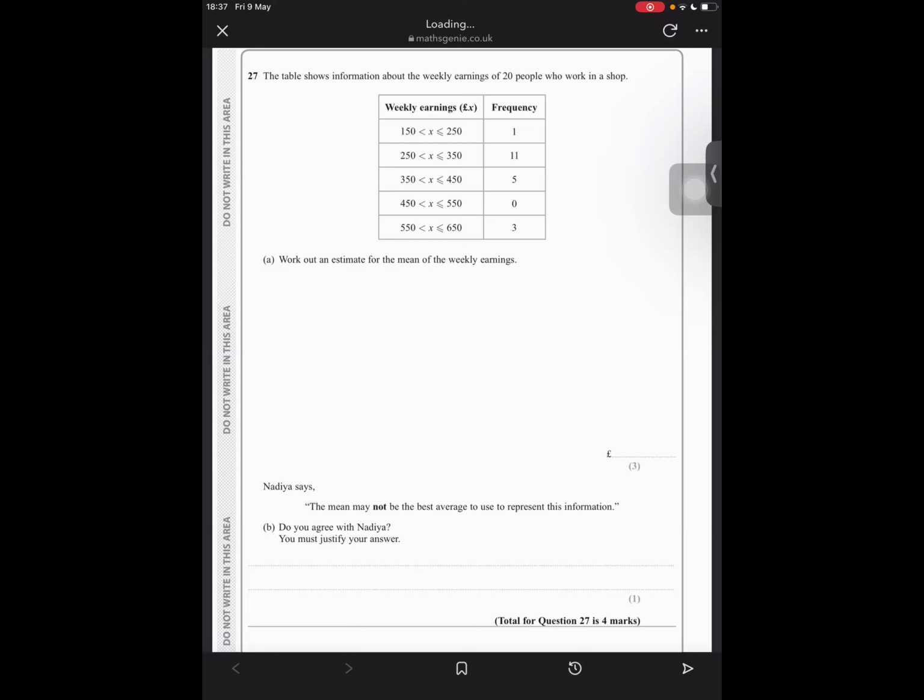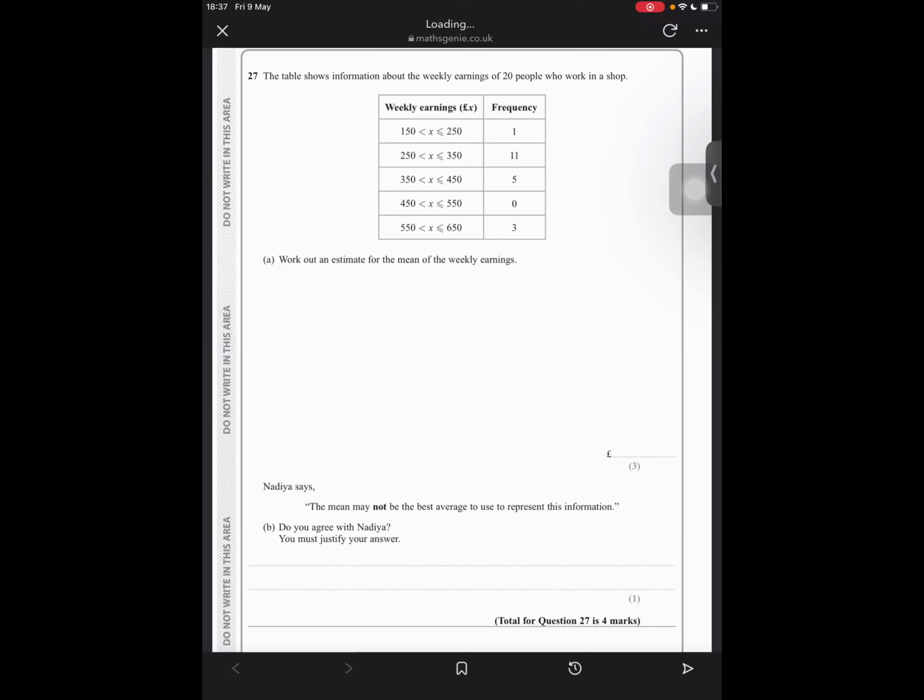Now, 15 plus 25 gives us 40, so 150 plus 250 is 400. You divide it by 2, you have 200. So 200 is in between 150 and 250.